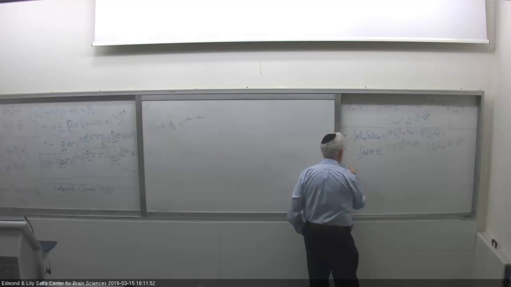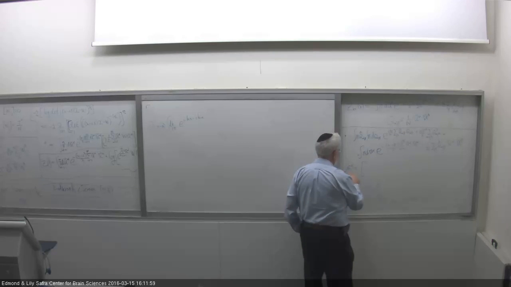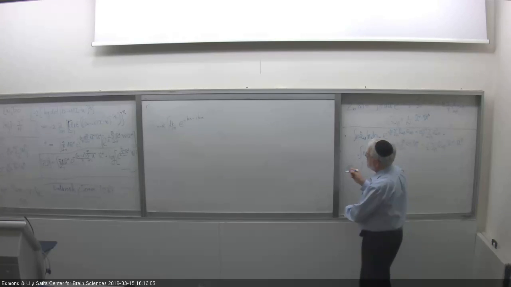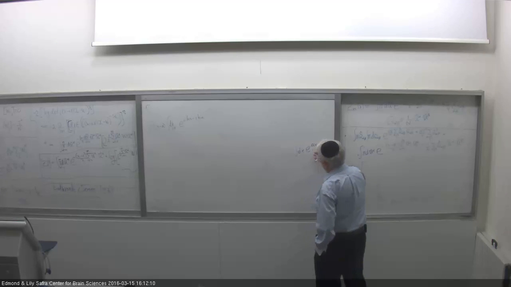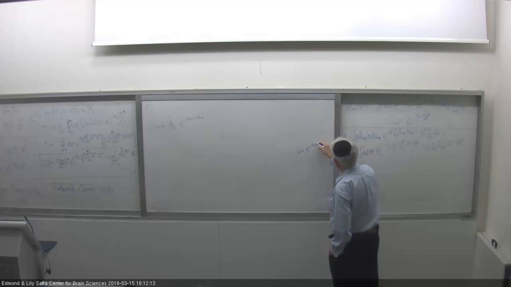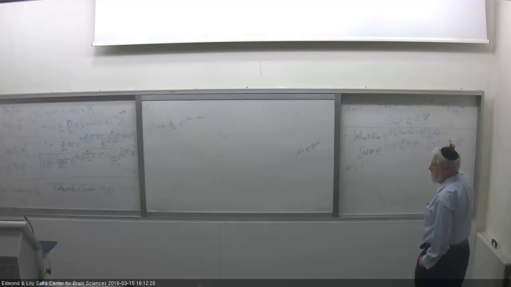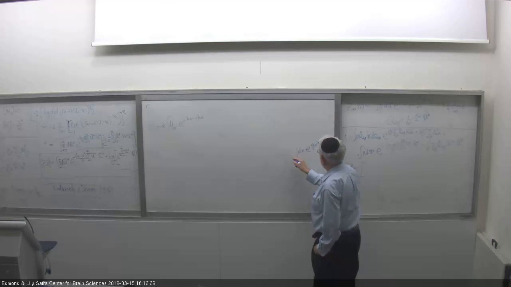I can write the integral over u as a product of n Gaussian integrals. Each one of them is the integral dx of e to the minus a x squared, which gives a to the minus 1/2.